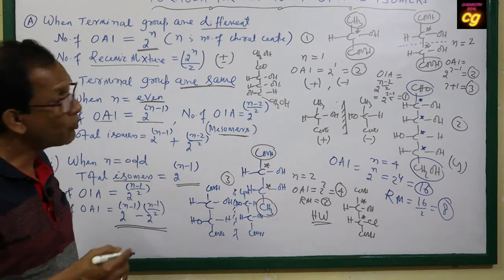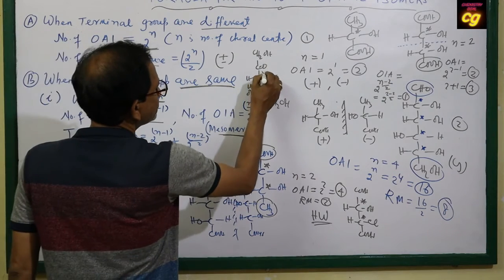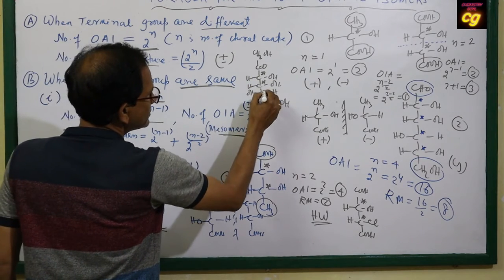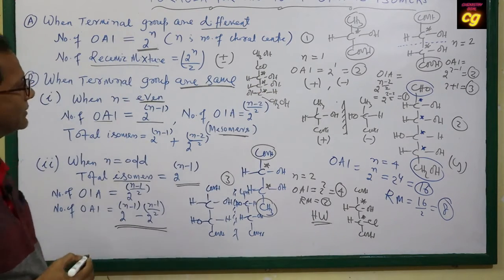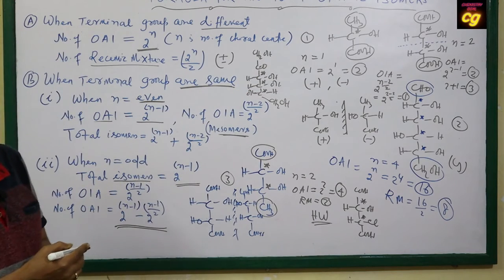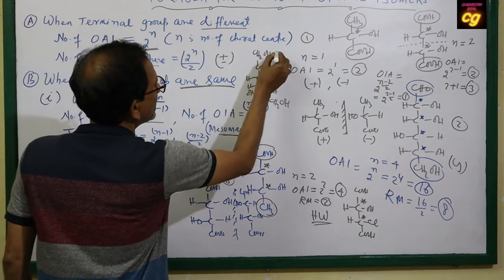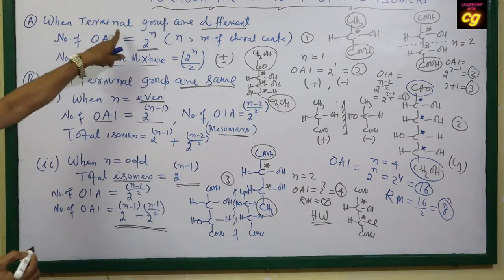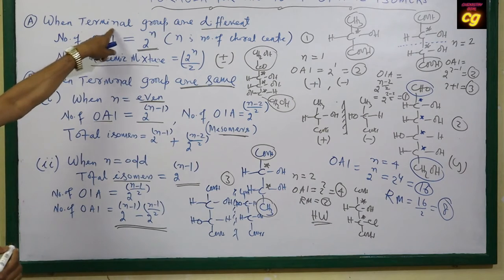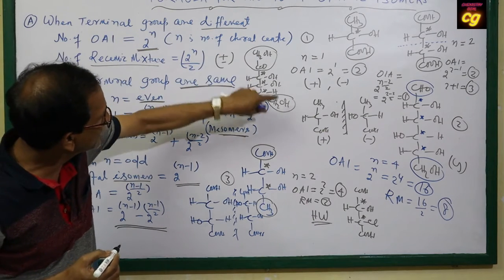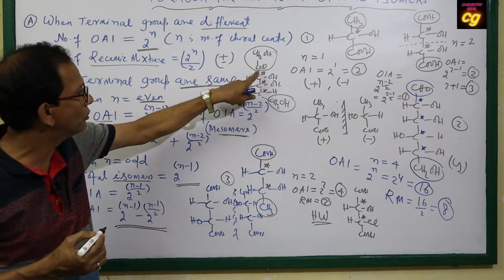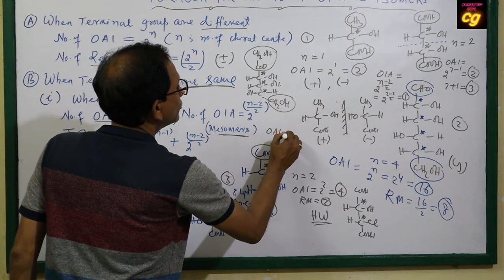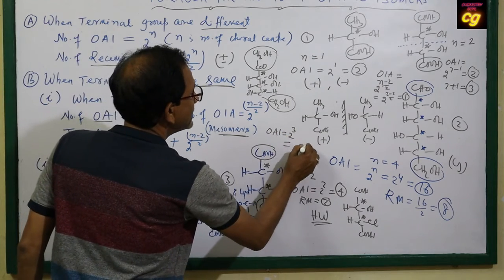But how many chiral centers are there? This is a chiral center, this is also a chiral center, and this is a chiral center. So 3 chiral centers, but the terminal groups are different. This satisfies the first rule, that when the terminal groups are different and the number of chiral centers is 3, the total number of optically active isomers will be 2 to the power 3, that is 8.